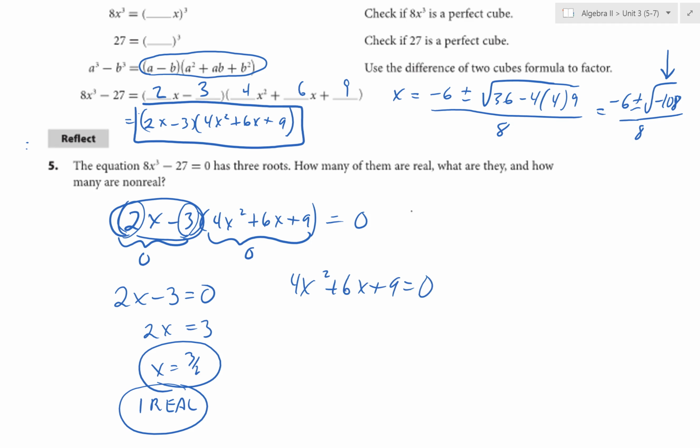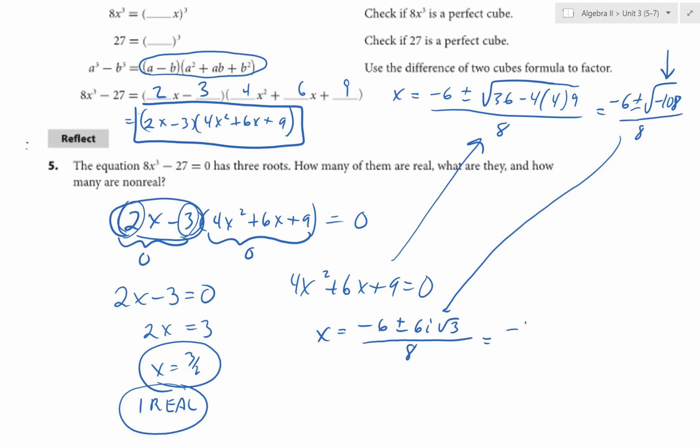Well, I just did that right up here, didn't I? It has solutions x equals -6 plus and minus the square root of 108. If I simplify the square root of 108, 108 is 36 times 3, so that would be 6i root 3 over 8, which is -3 plus and minus 3i root 3 over 4.